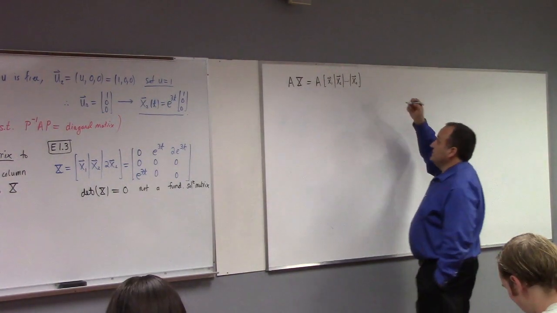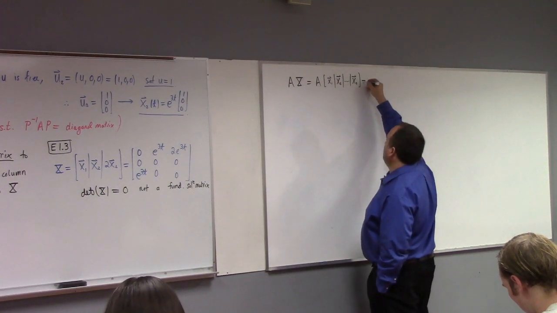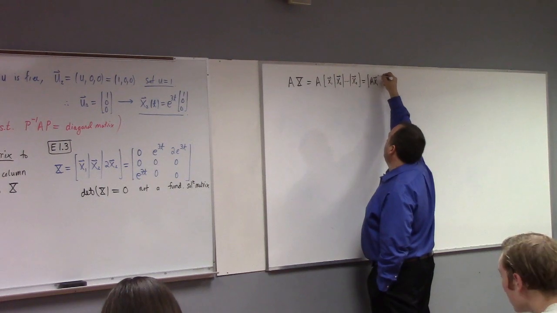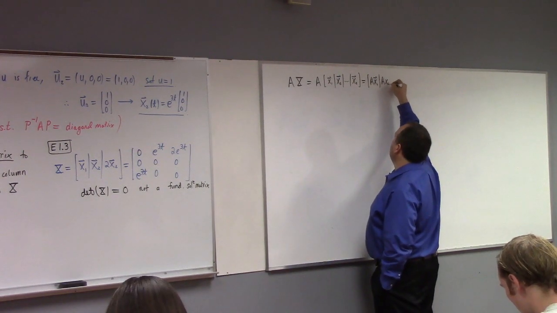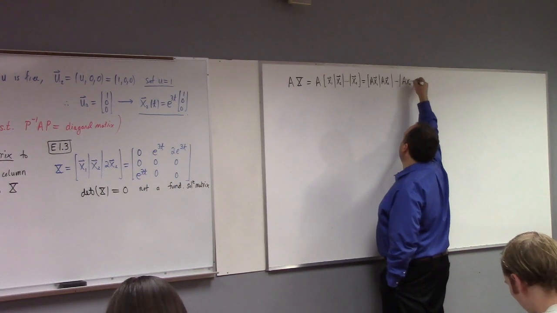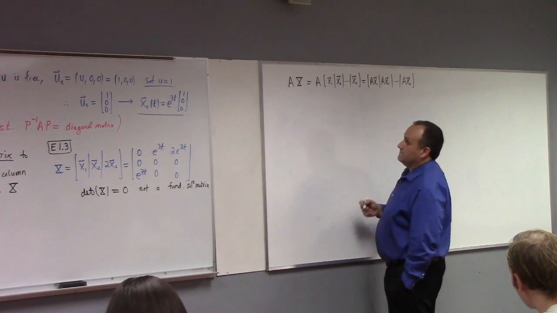So when you sort it out, this is equal to Ax1, Ax2, Axn. This is how matrix multiplication works.